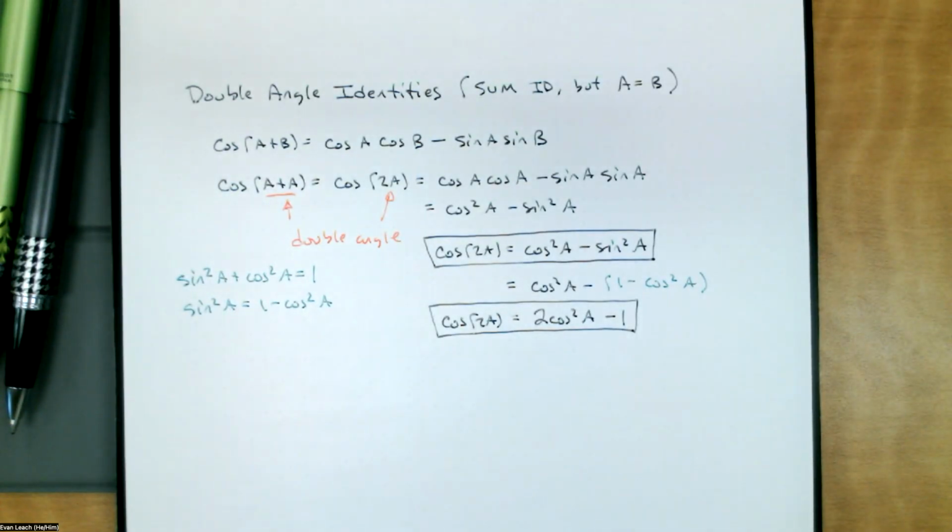Later on, when you're in Calc 2, this one's going to be super important. So when you show up in my Calc 2 class, Michael, and we ask what we're going to do with this stupid cosine, it's causing us all these problems.